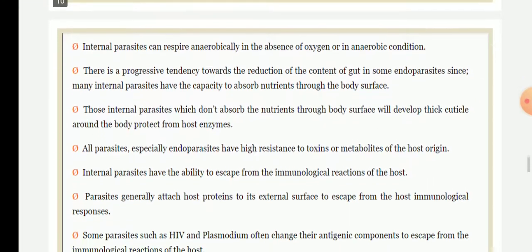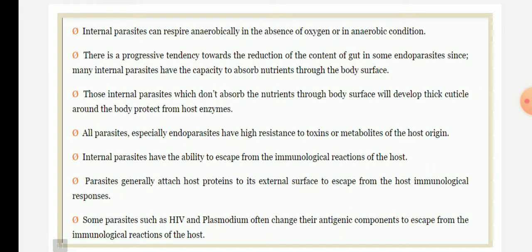The next is the development of the anaerobic mode of respiration. Most of the helminthes or endoparasites are found inside the gut lumen, or live in an oxygen deficient environment. They possess a very low metabolic rate, which requires very little oxygen.